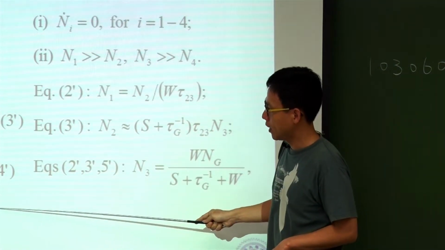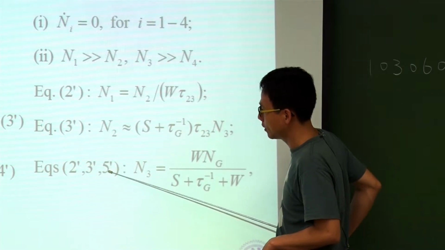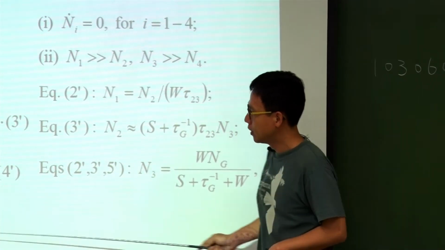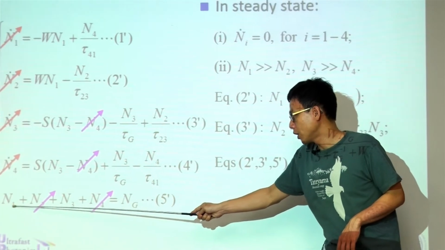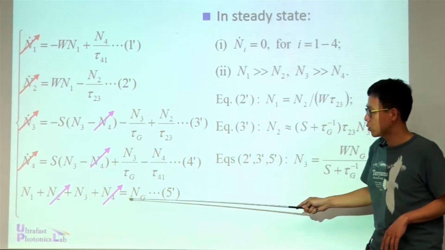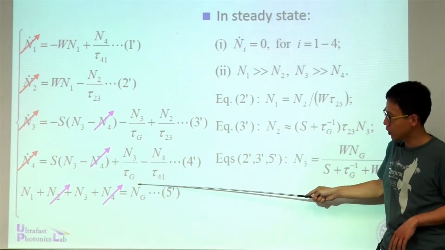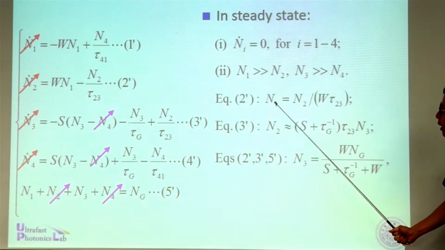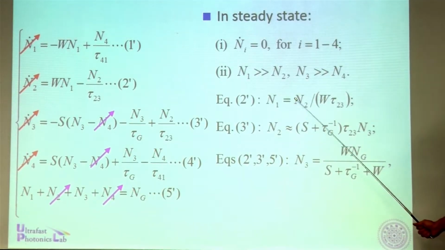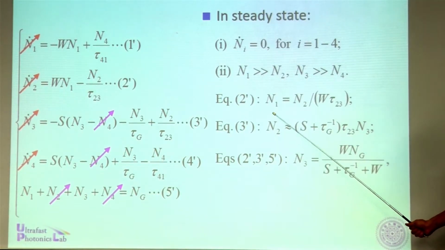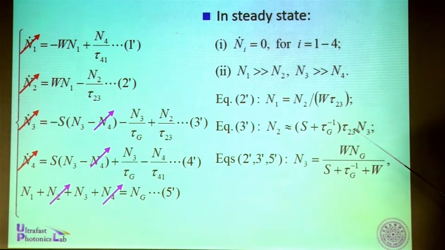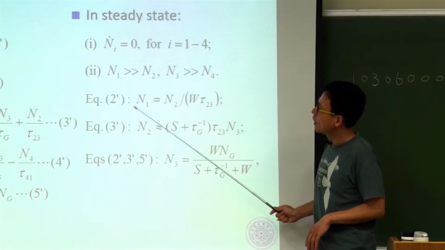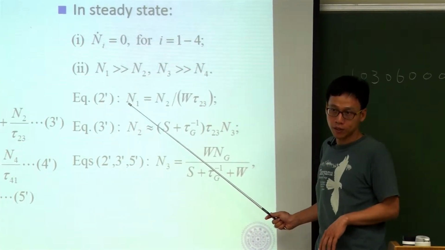If you check equation 5 prime, you know N1 plus N3 equals some given constant Ng. But according to here, N1 is represented by N2, and N2 is further represented by N3. In other words, N1 is already represented by N3.